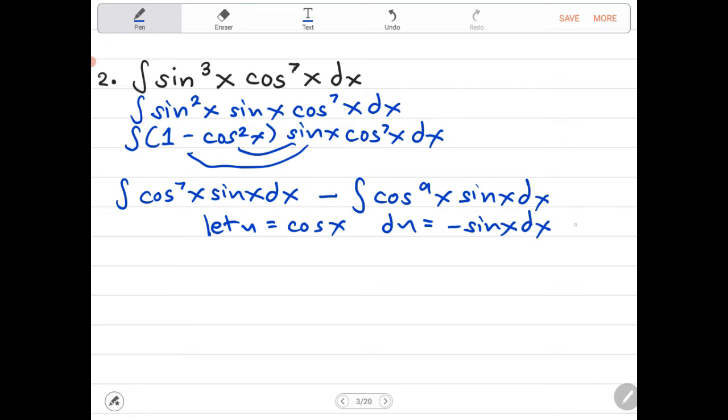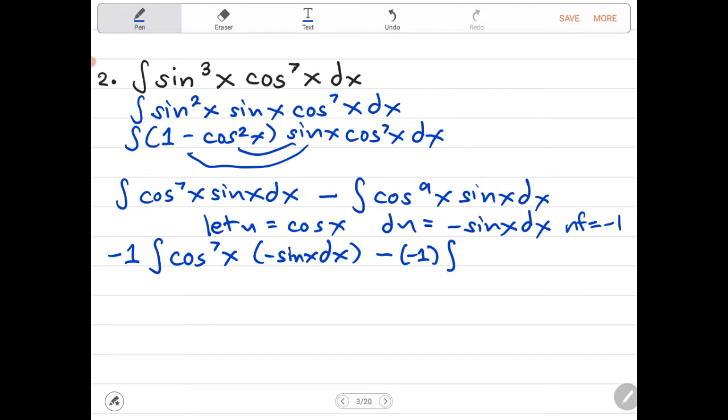Okay? So we are going to use neutralizing factor negative 1. So for the first term natin, we will be having negative 1, the neutralizing factor, then substitute cosine raised to 7x, then negative sine x dx. Okay? Minus, so we have the negative 1, the neutralizing factor, the integral of cosine raised to 9x, then negative sine x dx.